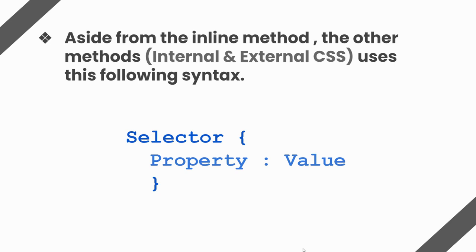But then there are other ways of selecting HTML elements to be styled, and not just the tag name alone. So we'll be looking into all that too, and we'll have a practical demonstration of the various selectors.